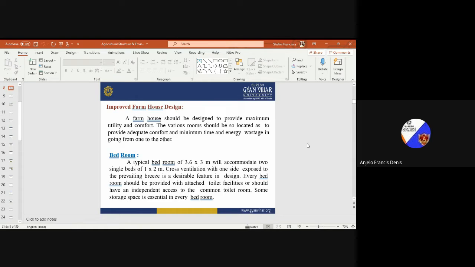So a farmhouse should be designed to provide maximum utility and comfort for the people who are going to reside in that area.